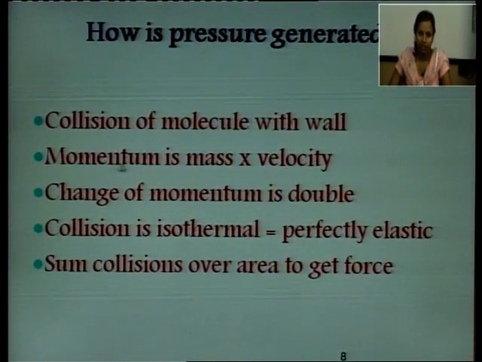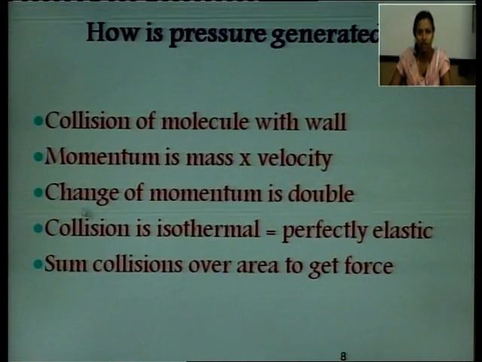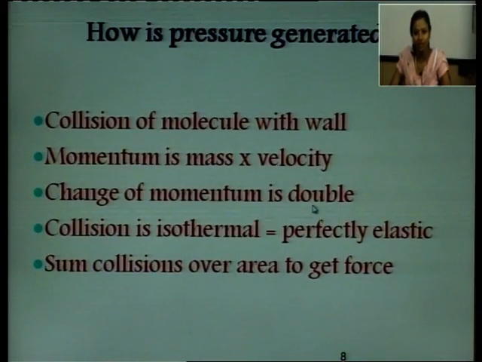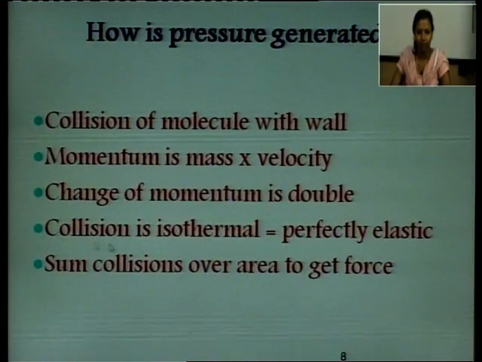So momentum in one direction is mass into velocity, but the change in momentum is double because the direction is also changing. In the reverse direction it is minus mv, but the change in momentum is twice mv.